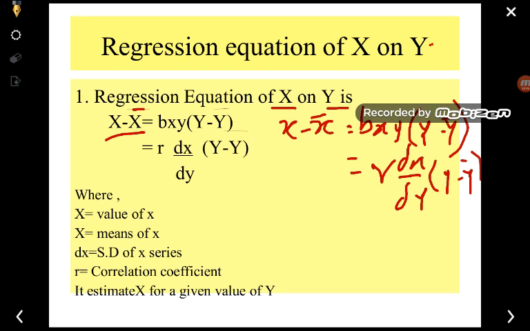So this is the representation of the regression equation of x on y variable.